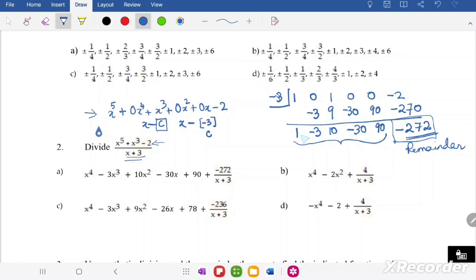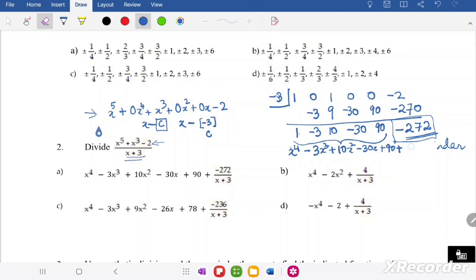So it's going to be 1x to the fourth, minus 3x cubed, plus 10x squared minus 30x plus 90, plus the remainder minus 272.